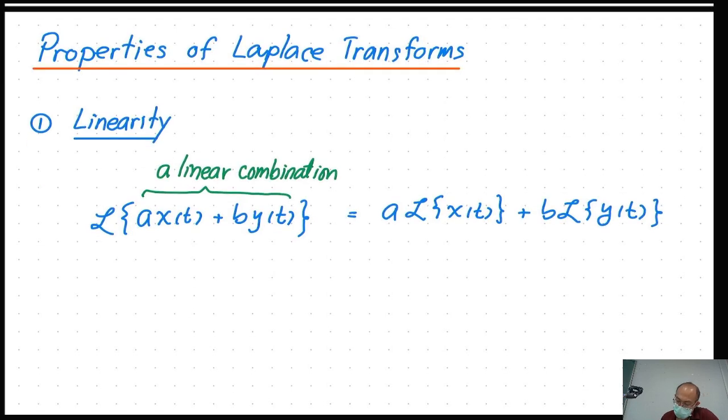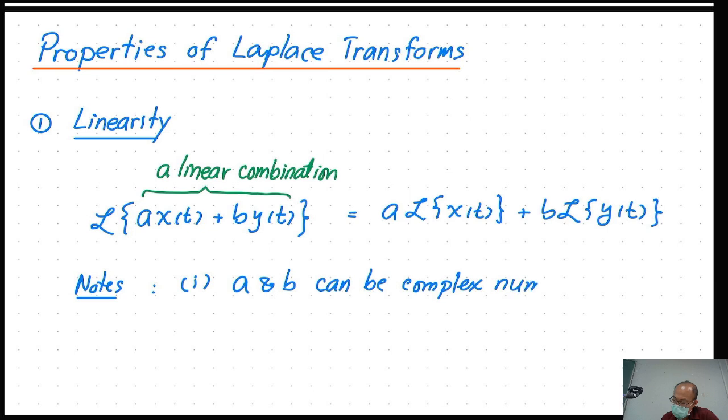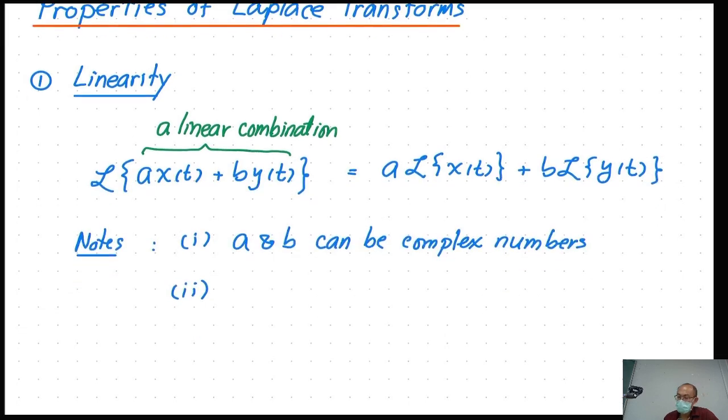Now, we have to note a couple of things. First, A and B can be complex numbers. And second, this is also true if we replace L with inverse L, the inverse Laplace transform.